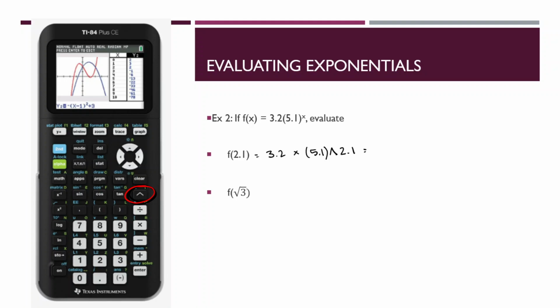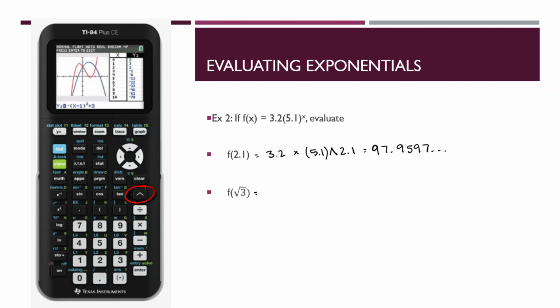Okay, and then the same thing will go for this next one. Okay, so if I plug that into my calculator, let's see what we get. We get 97.9597, and it actually keeps going.